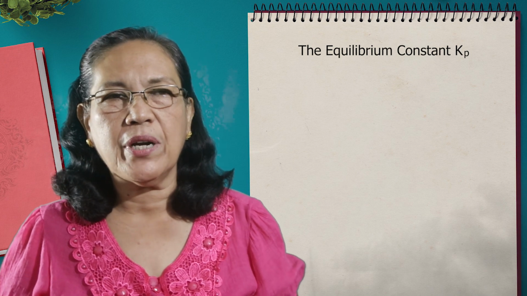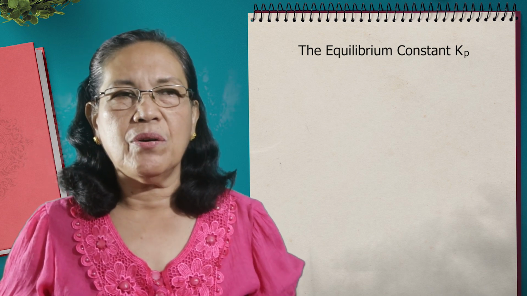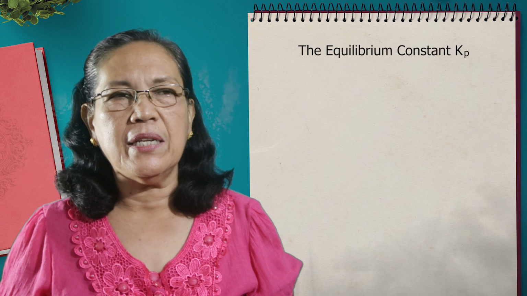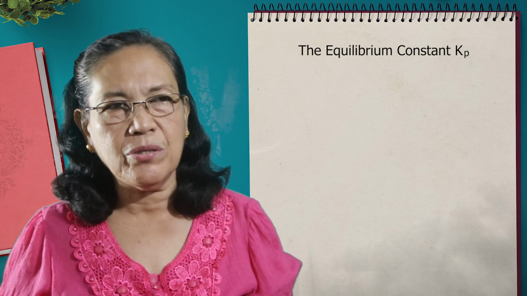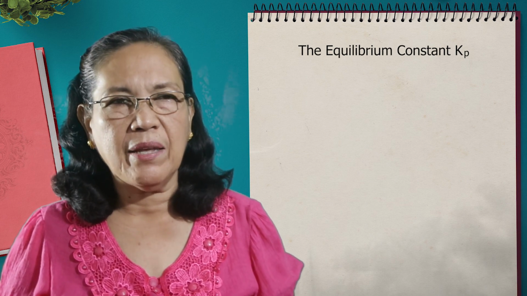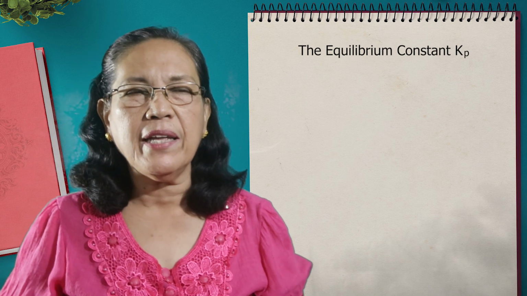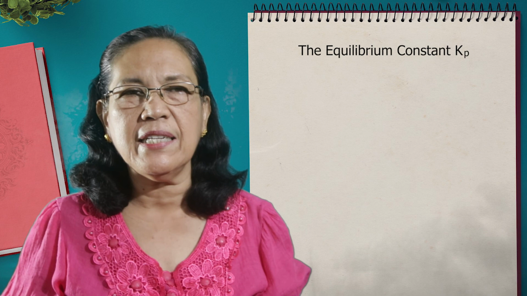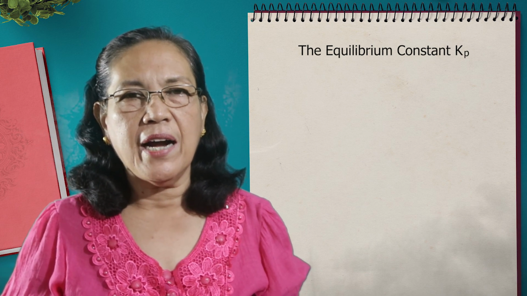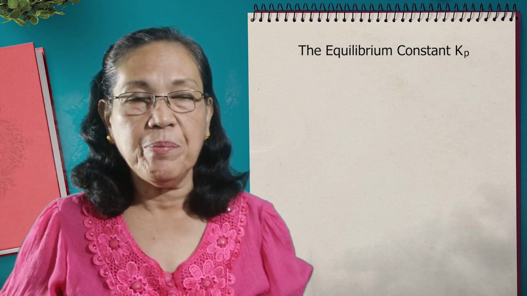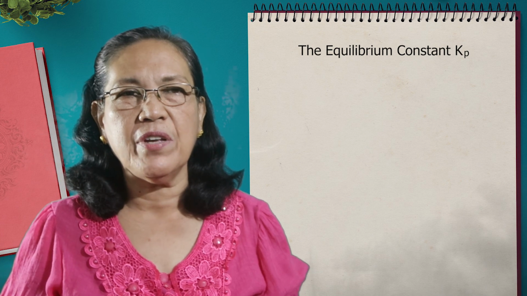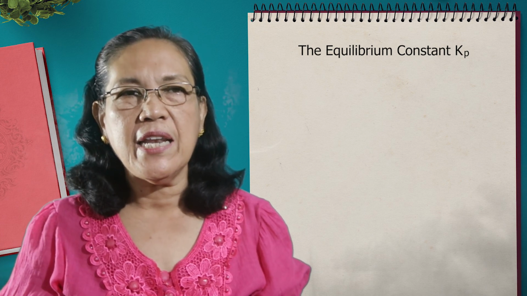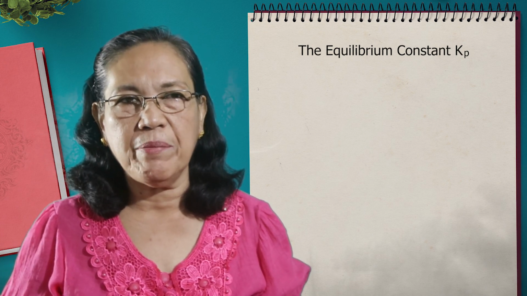So what will be your delta n? Delta n equals 1 minus 2, which is negative 1. So you can write it as Kp equals Kc divided by RT.